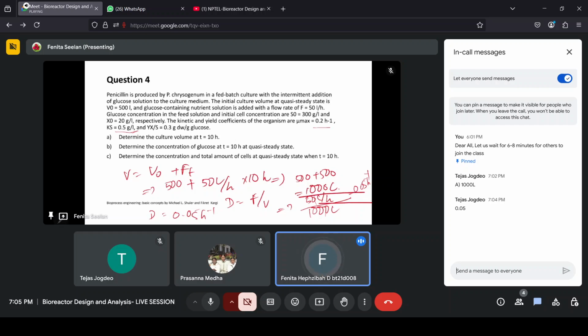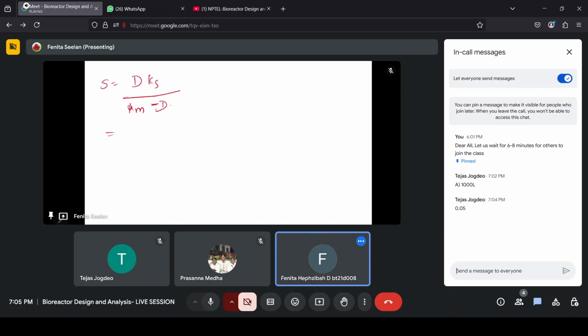So let's substitute everything. If we do so, what would be the answer here? So the value of S would be, anybody solving?